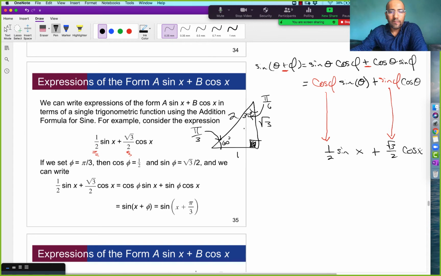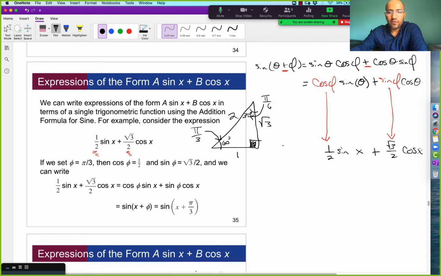So cosine of pi over 3 is 1/2, and sine of pi over 3 is root 3 over 2.